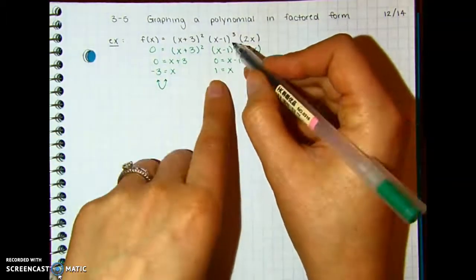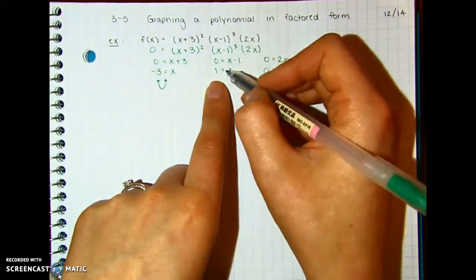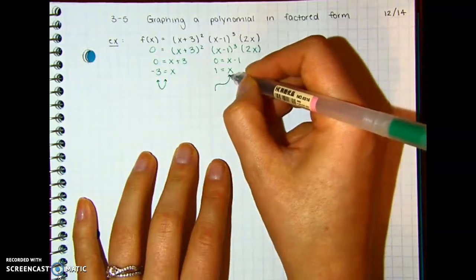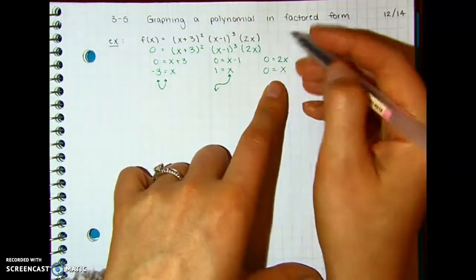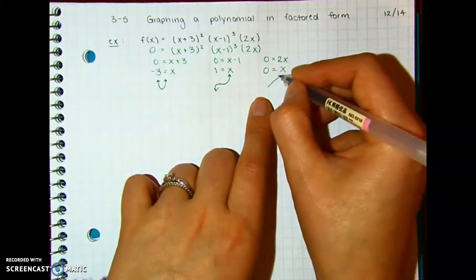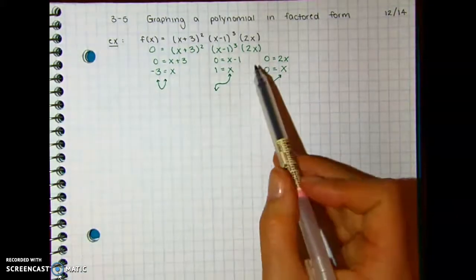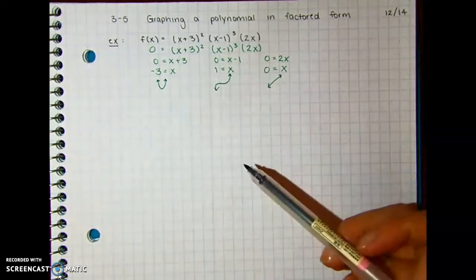For 1, the exponent was cubed, which is odd, so this is going to flatten out. And then here the exponent is 1, so this is going to go straight through the graph. So now we have each zero and how it intersects.